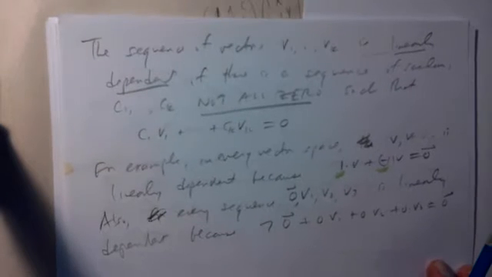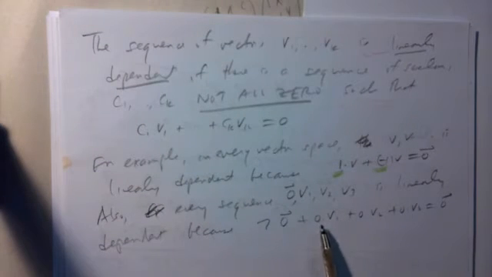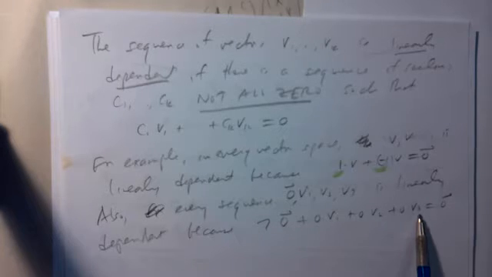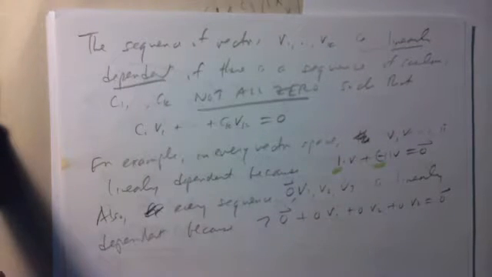This sequence is linearly dependent because, for example, 7 times the 0 vector plus 0 times v1 plus 0 times v2 plus 0 times v3 is still the 0 vector. We showed that the number 0 times any vector is the 0 vector, and any number times the 0 vector is the 0 vector. So you're just adding the 0 vector 4 times, and you get the 0 vector. So these are sequences which are linearly dependent.